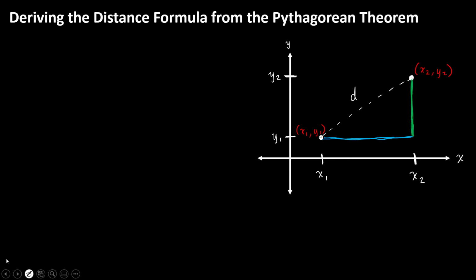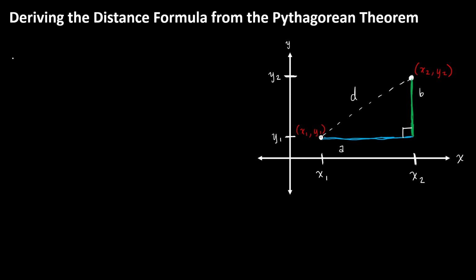And of course, they meet in a right angle. So D would represent the distance between the 2 points, and it's also the hypotenuse of this right triangle. Let's call the blue segment A and the green segment B.